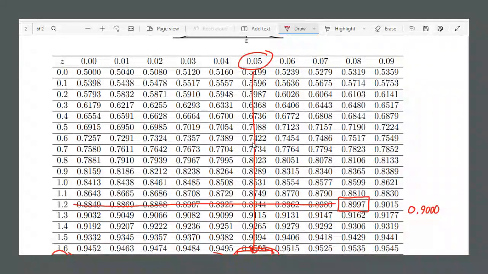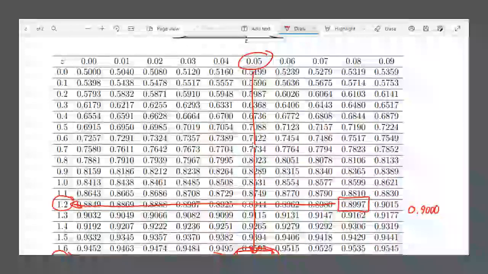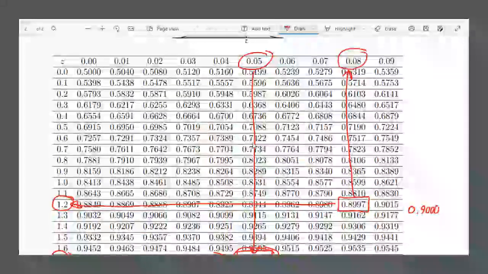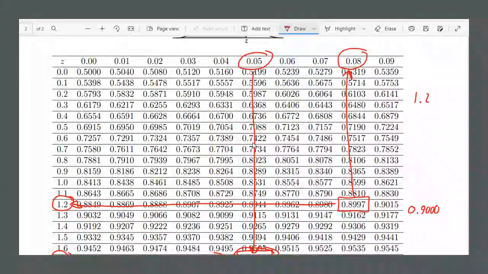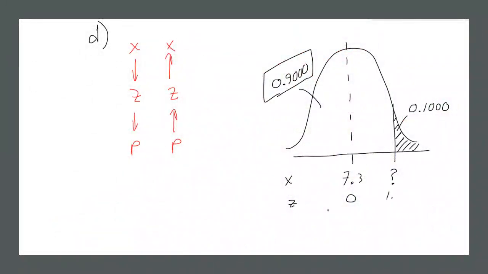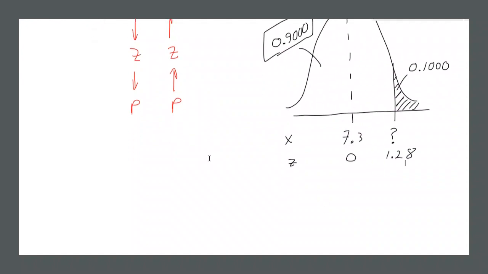Well, up to the first decimal point, it's 1.2. And then the second decimal point is an 8. So it corresponds to 1.28. That's our Z value, 1.28. And then we want to know, okay, how do we get the X value from that?